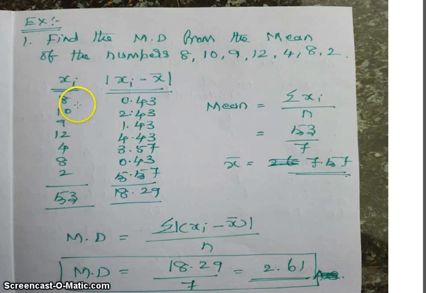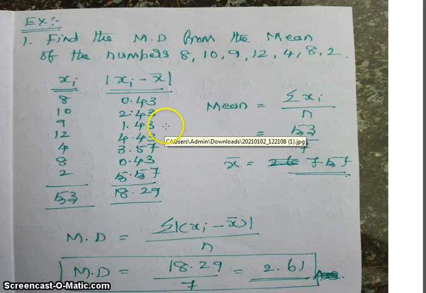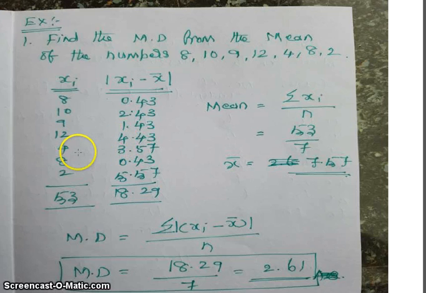So 8 minus 7.57, 0.43. 10 minus 7.57, 2.43. 9 minus 7.57, 1.43. 12 minus 7.57, 4.43. 4 minus 7.57, you will get minus 3.57, but you have to take it as only a positive value. So you can neglect the negative symbol, you take it as 3.57.